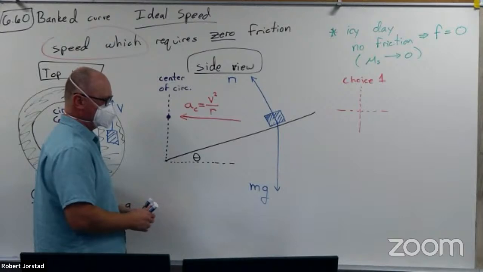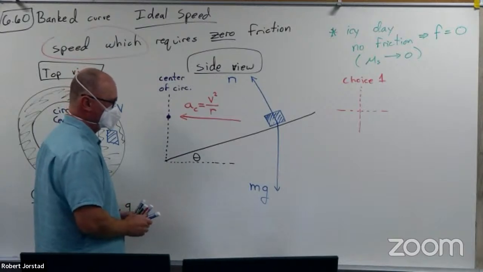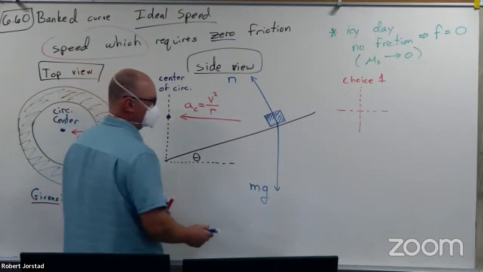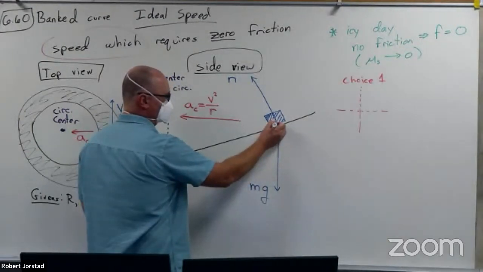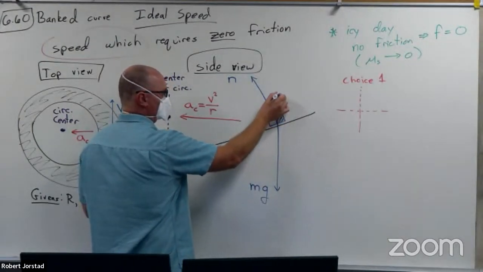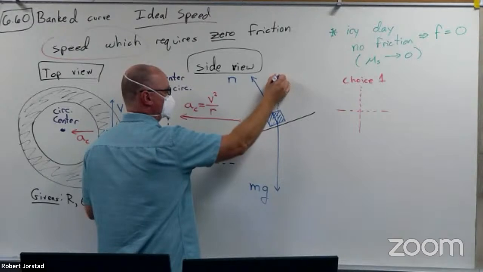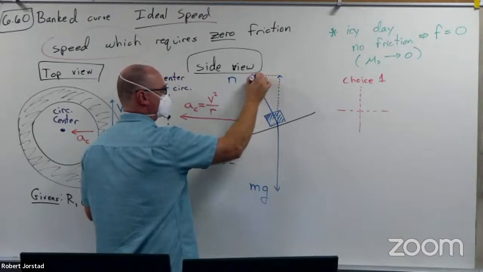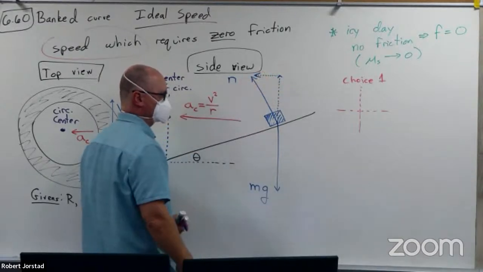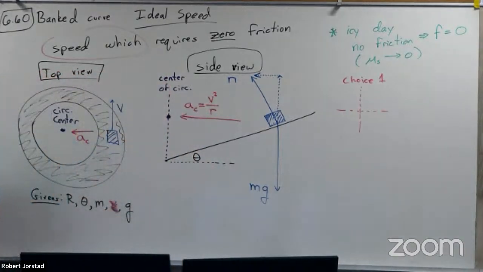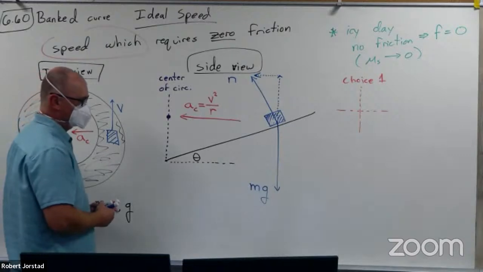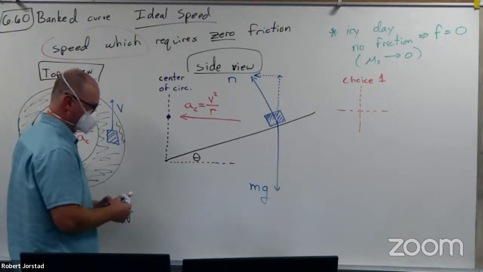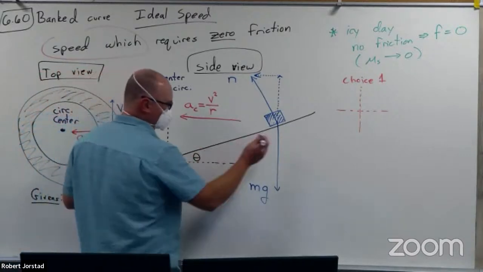Which vector needs to be split up? Normal force. We need that angle in there, right? Let me show you some tricks, okay?